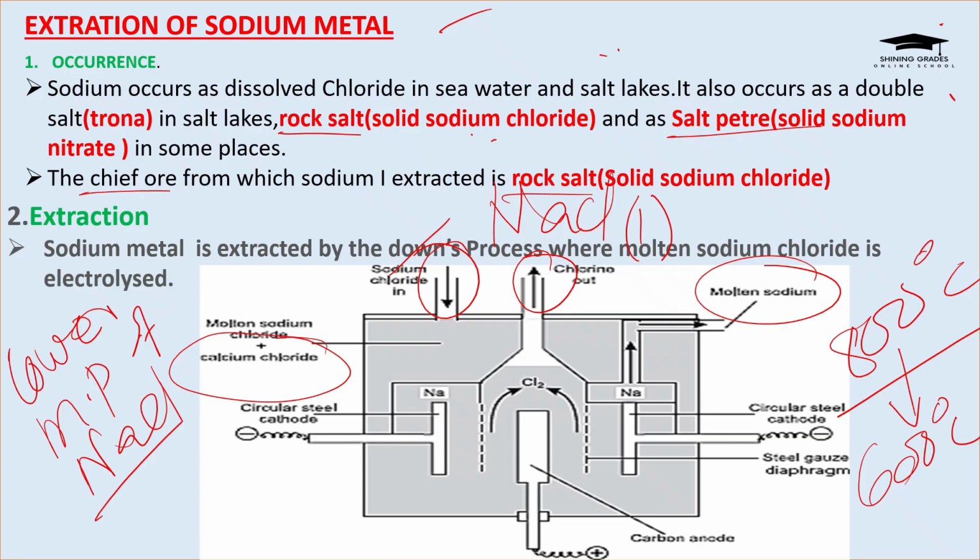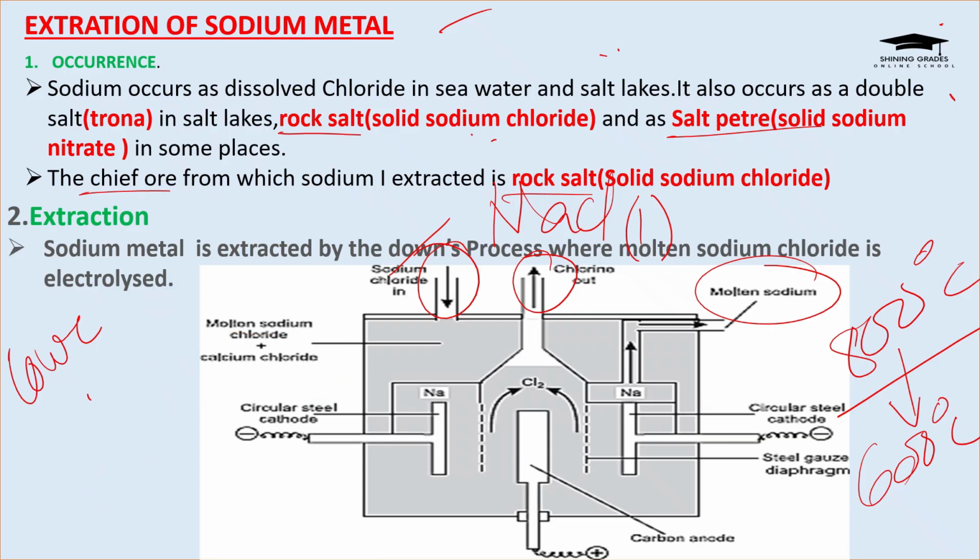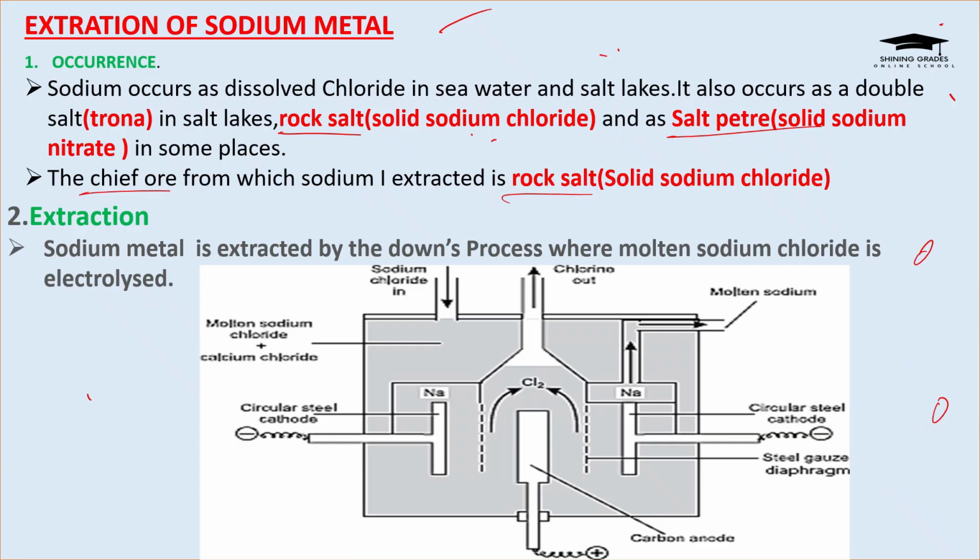Learners, when you take note of the display of the picture of this Downs cell, you will notice that in this particular cell, we must have the positive terminal and the negative terminal.